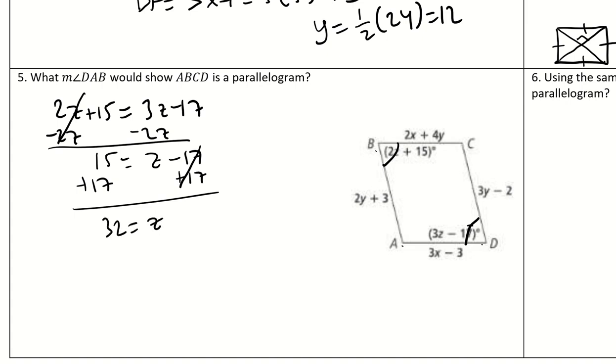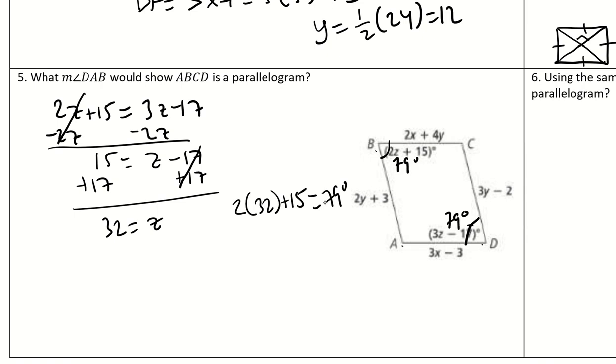Now we can plug it in to the angle to figure out what that angle is. If we plug it into 2z plus 15, we get 2 times 32 plus 15. That's 64 plus 15, which is 79 degrees. So these are both 79 degrees because they have to be equal.